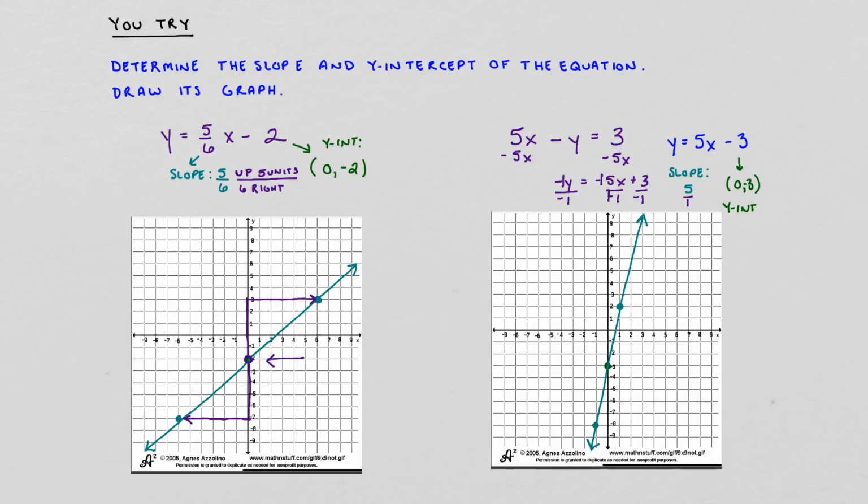So from here, we can now identify that our y-intercept is going to be at 0, -3. And then we also know that we can either choose to go up 5 units and then to the right 1 unit, or we could choose to go in reverse and go down 5 units and to the left 1 unit.